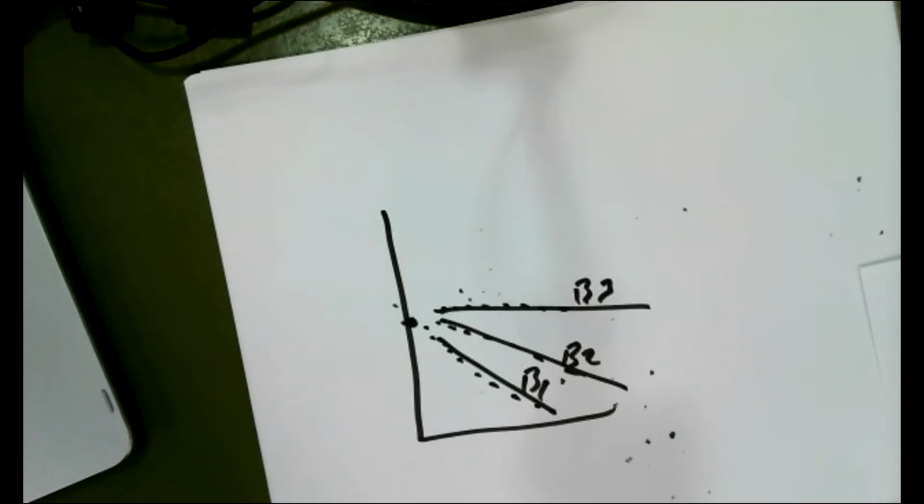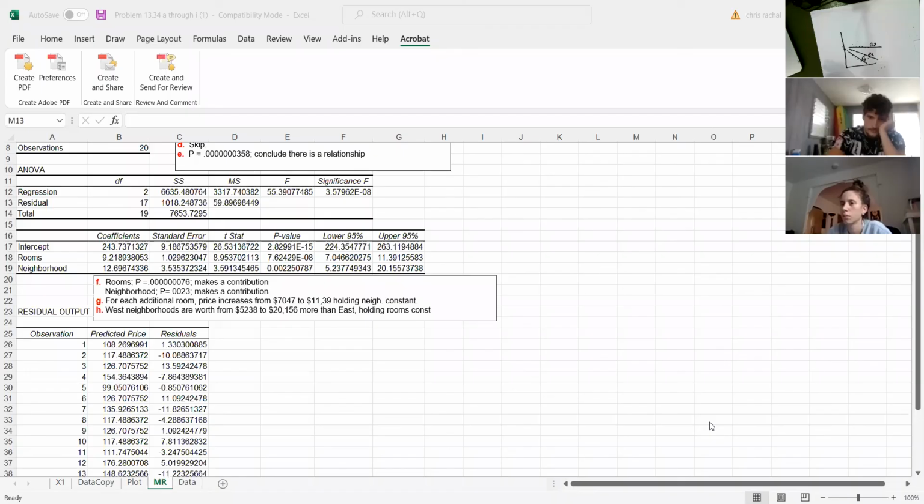So if you go to Excel note files, it's 13.34A. And we're going to adjust that to make sense of it, okay, for our case. And just follow through with the same one that we're looking at.